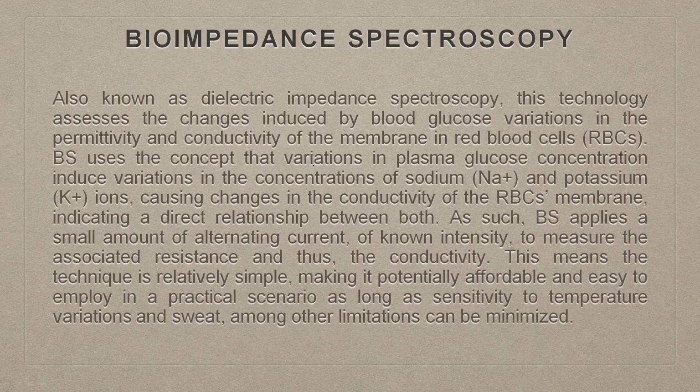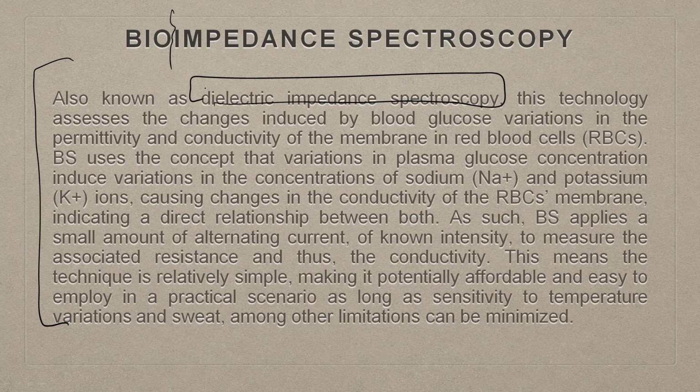Now, next in that line is bioimpedance spectroscopy. When you talk about impedance, we are talking about some form of obstruction, some form of resistance. It is also known as dielectric impedance spectroscopy. This technology assesses the changes induced by blood glucose variation in the permittivity and conductivity of the membrane of the red blood cells.